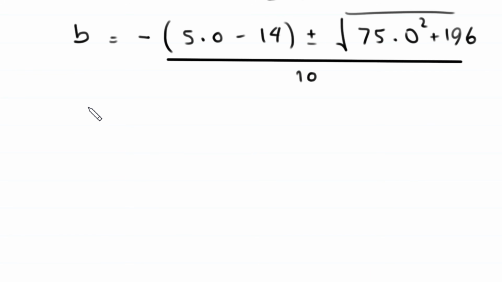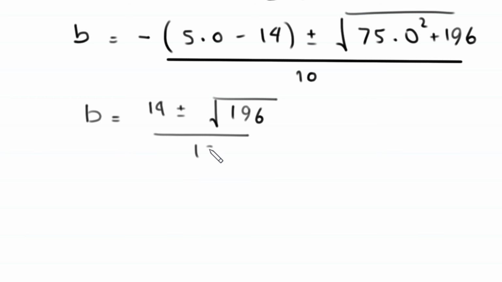Further simplify, this will become b is equal to negative times negative 14 will become positive 14 plus or minus the square root of 196, divided by 10. This is equal to 14 plus minus root 196 will become 14, divided by 10.